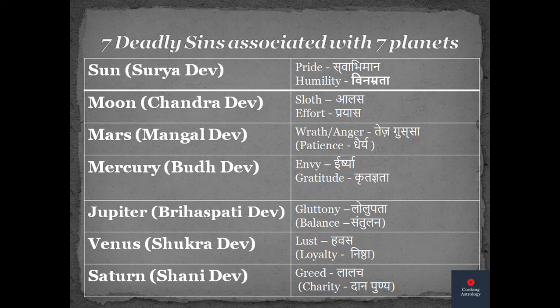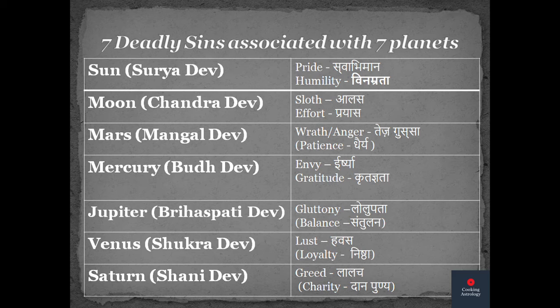Next is planet Moon, and Moon is associated with sloth, that is Alas. Procrastination. Mentally you are procrastinating something. You are not giving your 100% efforts.